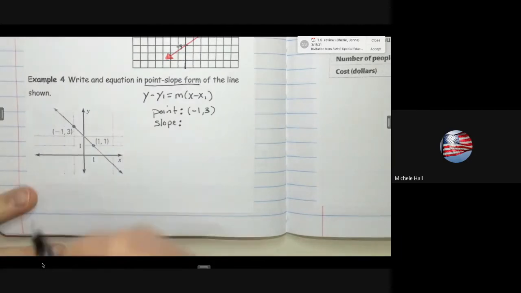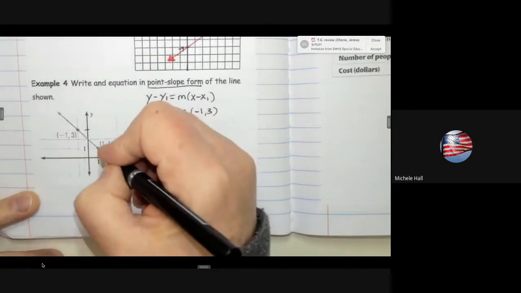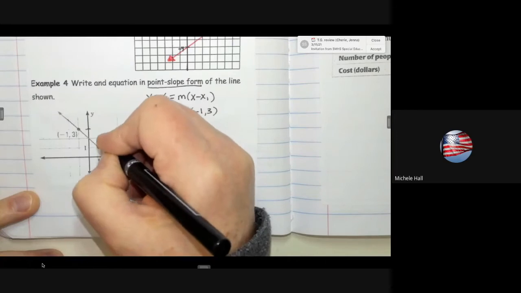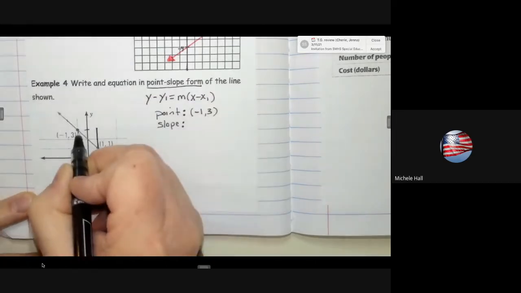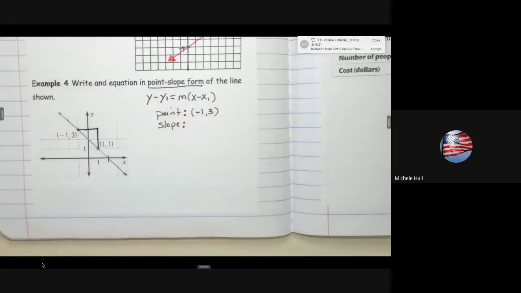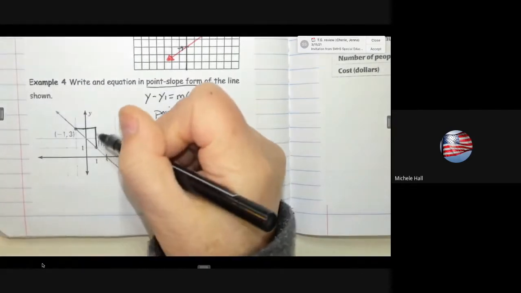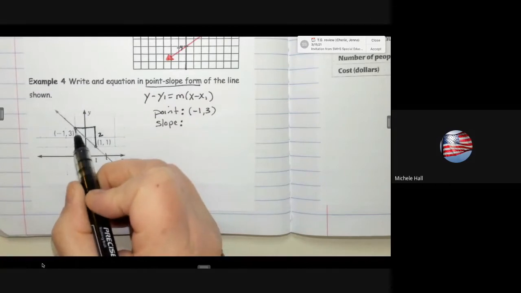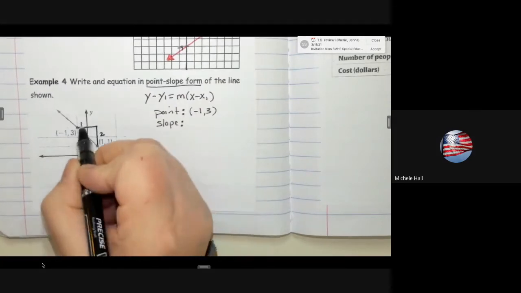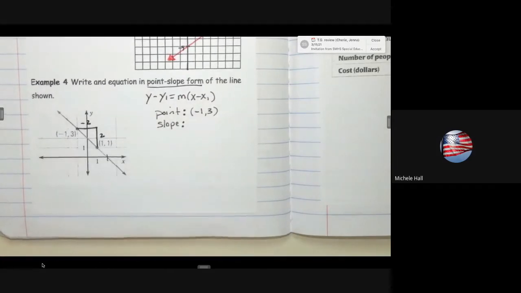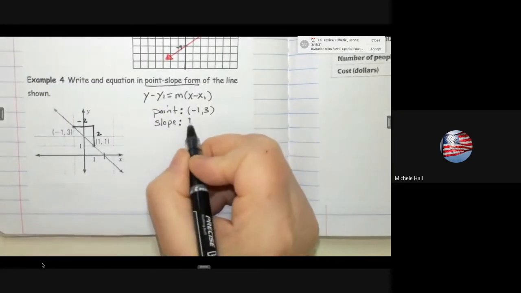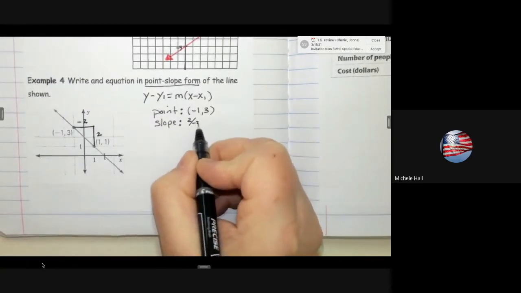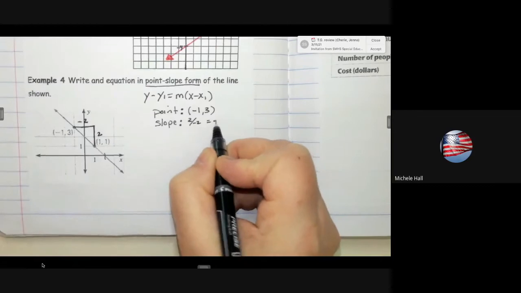Now for our slope, we are going to rise and run to find that slope. So I need to rise 1, 2, and then I need to run 1, 2 in the negative direction. So my slope is rise 2 and run -2. My final slope is -1.